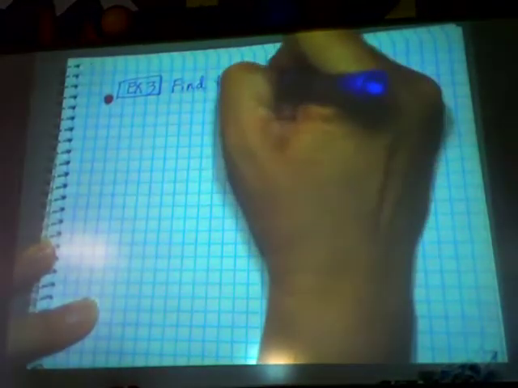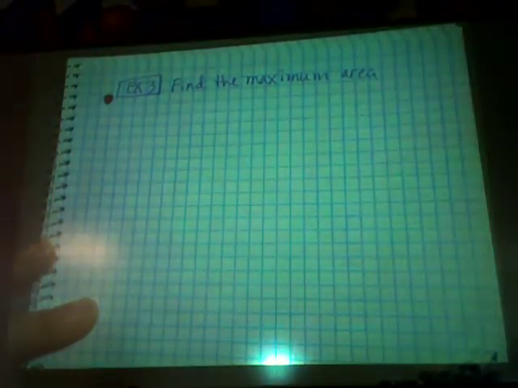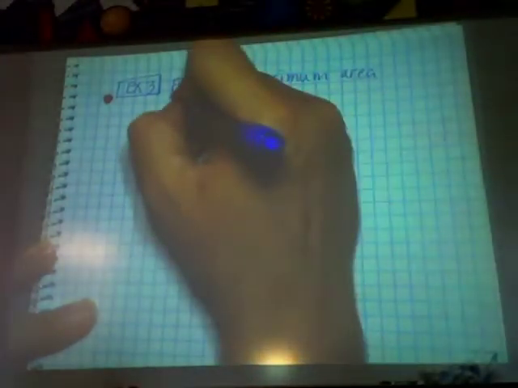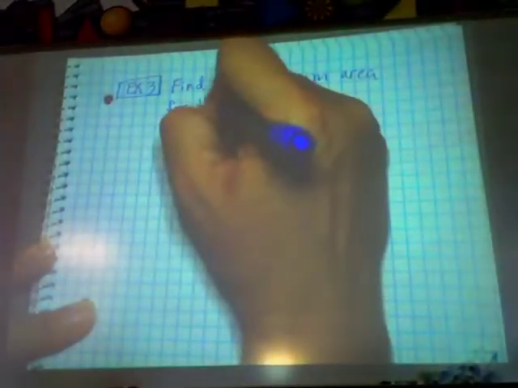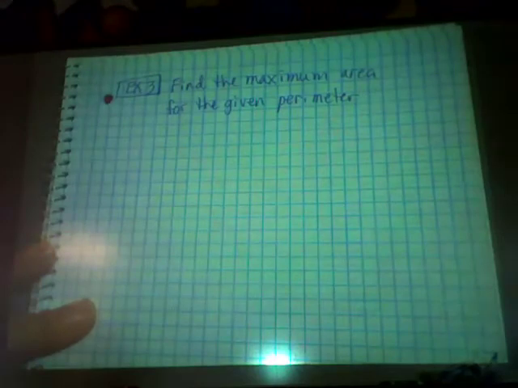So you are to find, and write all this down, find the maximum area for the given perimeter of a rectangle.